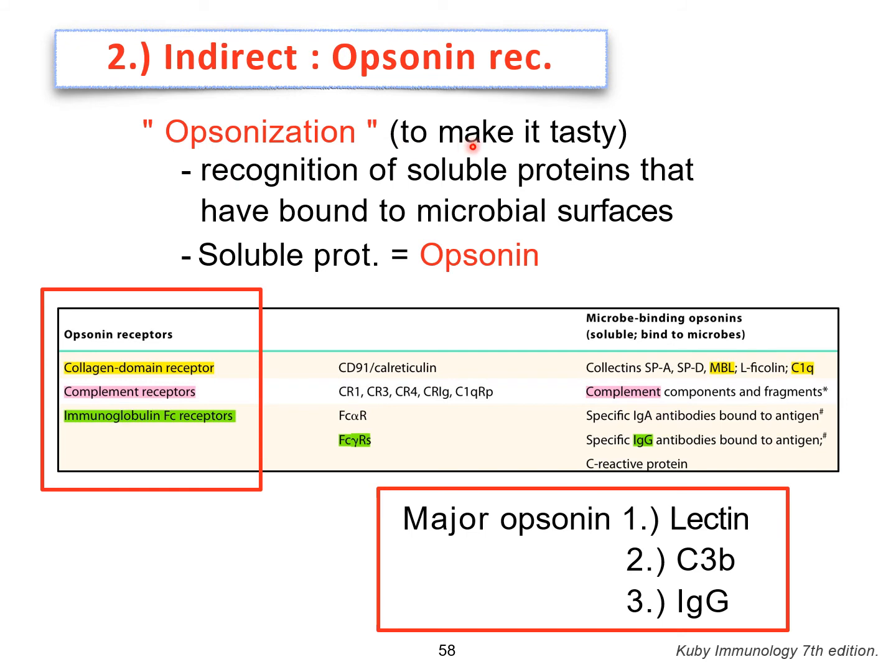Opsonization means to make it tasty: recognition of soluble proteins that have bound to microbial surfaces. So the soluble protein is the opsonin. Opsonin receptors are collagen domain, complement receptors and immunoglobulin Fc receptors. The major opsonins are lectin, C3b and IgG.